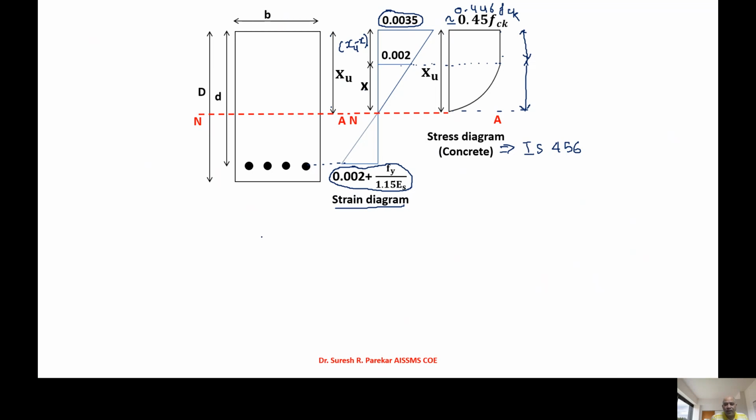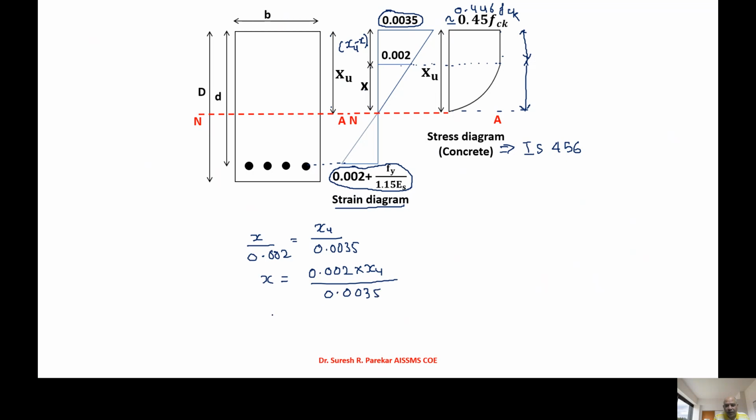Now if I go with the strain diagram, and we have this distance as x, then how will we write it? We can write x divided by 0.002 equals xu divided by 0.0035, and from this we get x equal to 0.002 into xu divided by 0.0035.